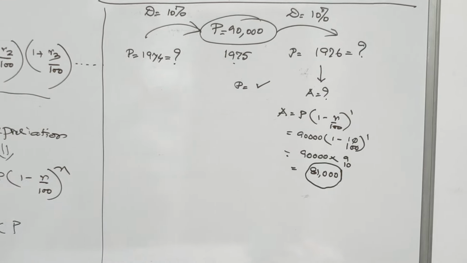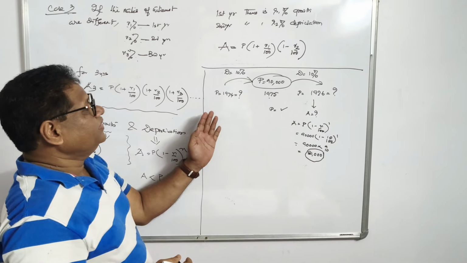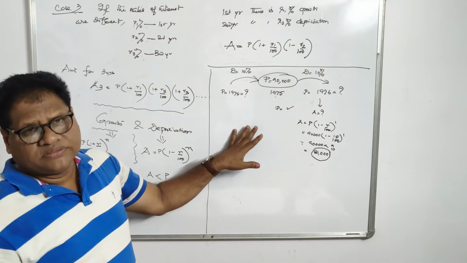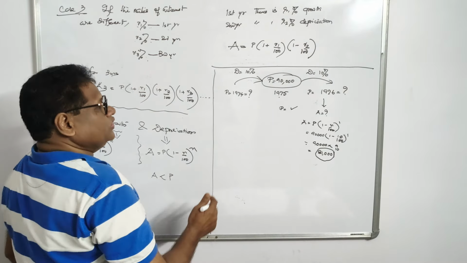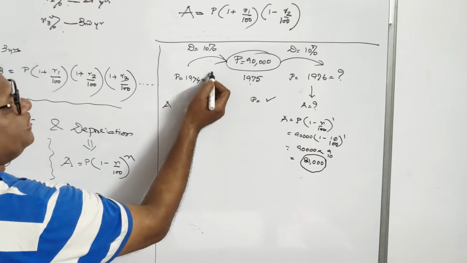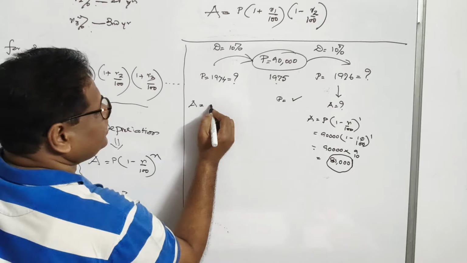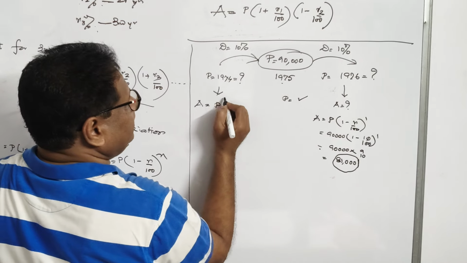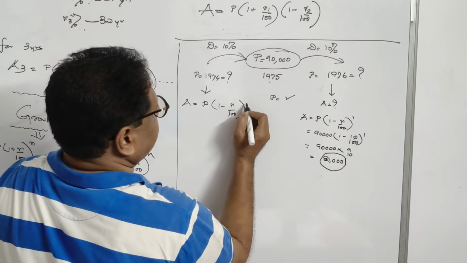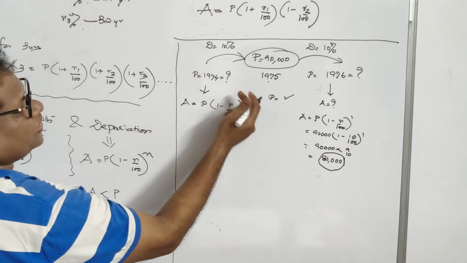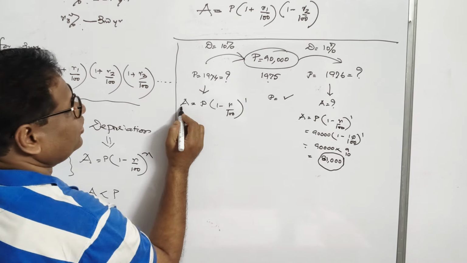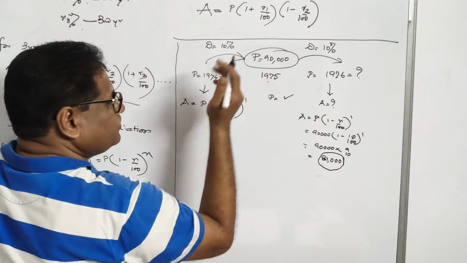Normally what the students do, for 1 year back, they take it as growth. No, it's not growth. It is definitely depreciation. So the population in 1974, considering it to be P, the principal amount, we are using the same formula for this part. Time is 1 year, because from 1974 to 1975 the time period is 1 year. So the amount is the 1975 population.